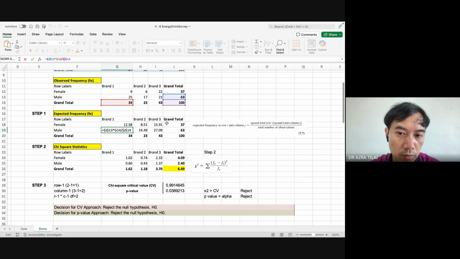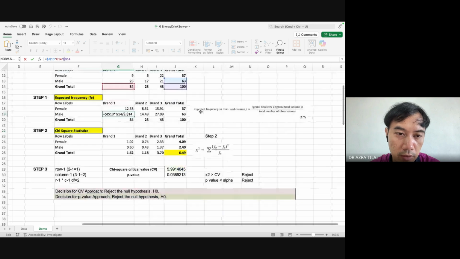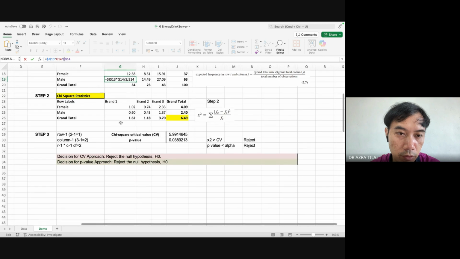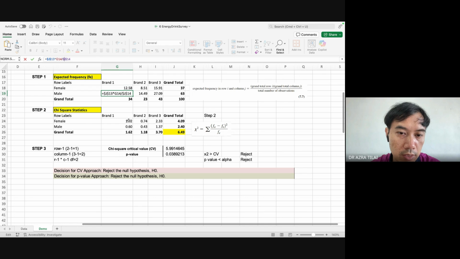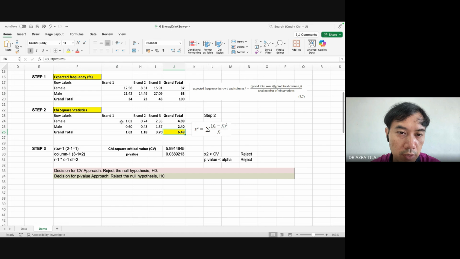Once you finish with step one, you move to step two, which is to find the chi-square statistic, which is this one. Firstly, you need to find the brand one. Just follow the instruction here in order for you to find the total of the chi-square statistic.